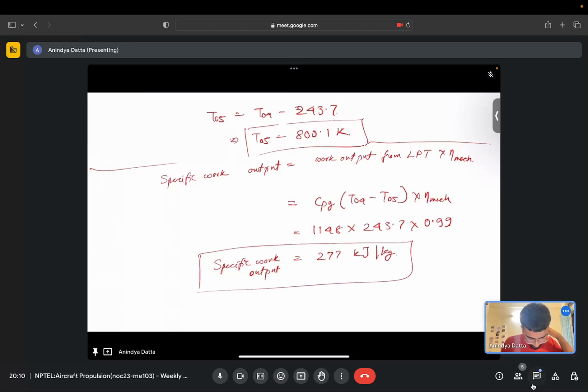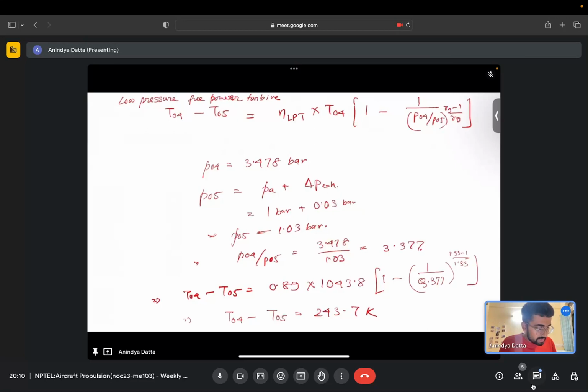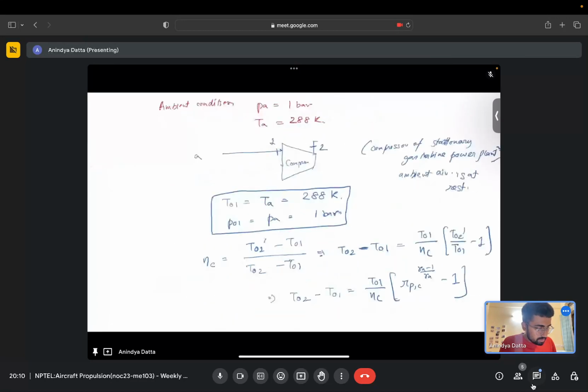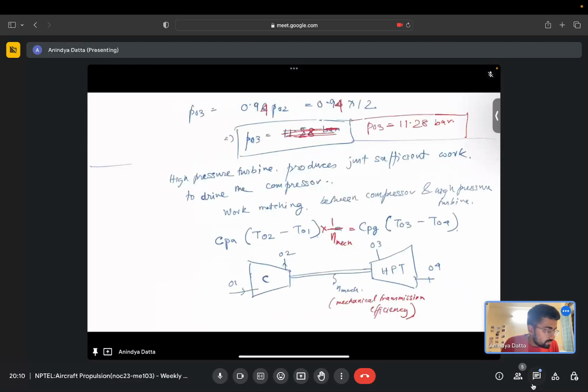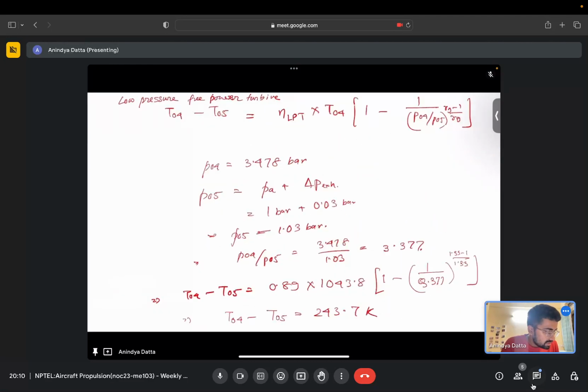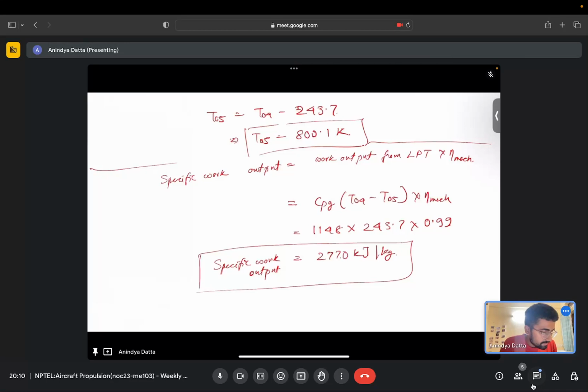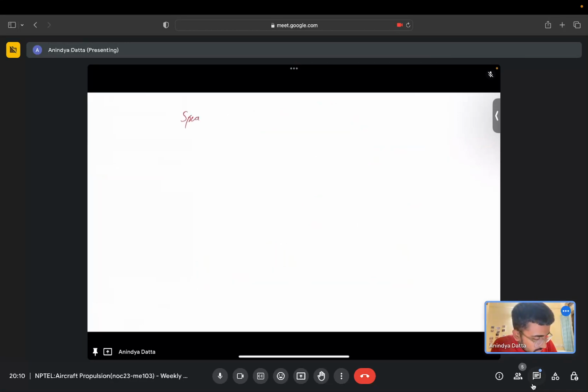Now what is asked in the second part is the specific fuel consumption, or SFC.